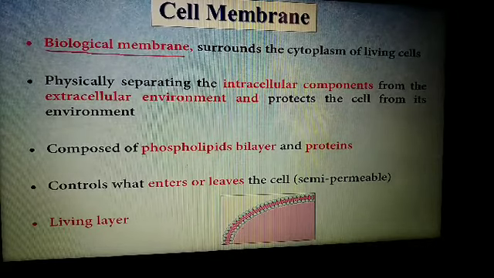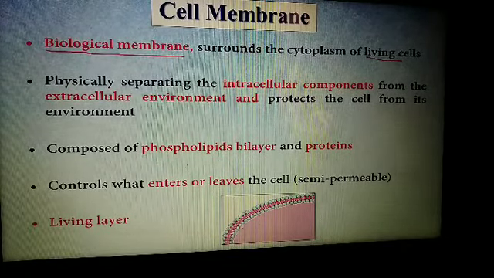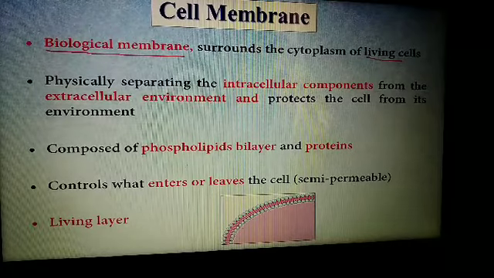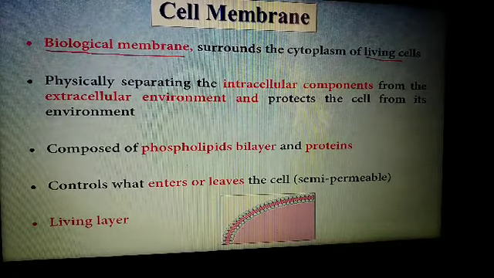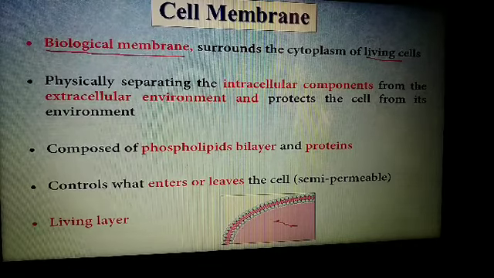So all living cells have this biological membrane, which protects the cells, and the cytoplasm is surrounded by this membrane. As you can see here in the figure, this is the cytoplasm and the cell membrane is outside, which surrounds the cytoplasm of a cell.